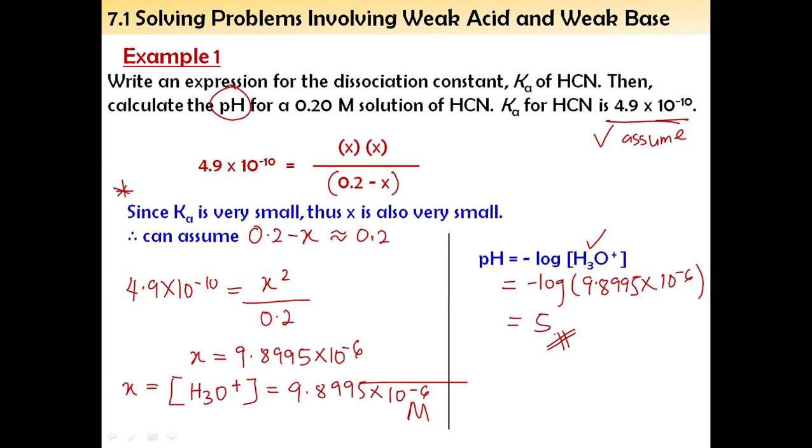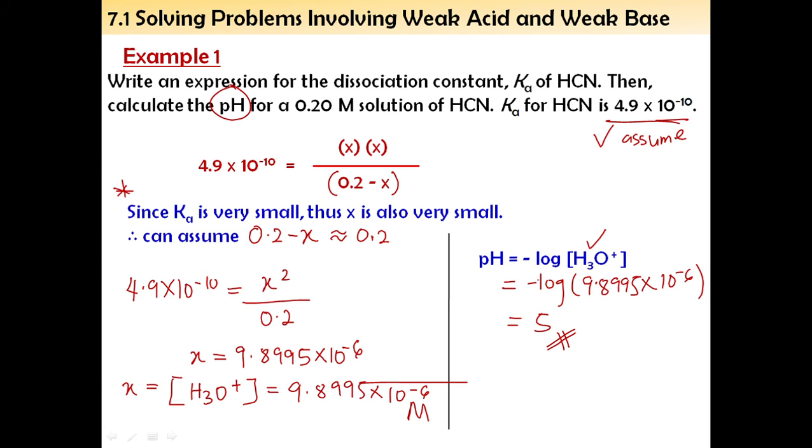Done. Okay, can you understand? What I want you to understand from this is that for a weak acid or weak base, you must use the ICE table. Make sure the equation is correct, and if you can assume, you must assume. The main point is still the same: we want to find X. Once you can find X, you can calculate the pH.